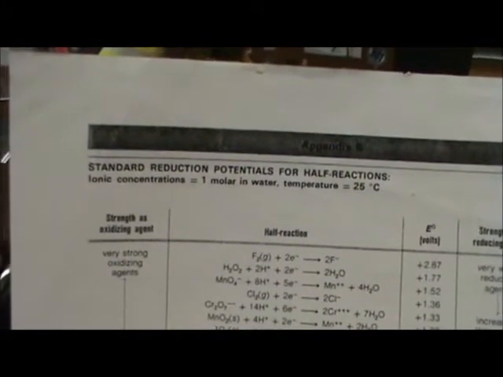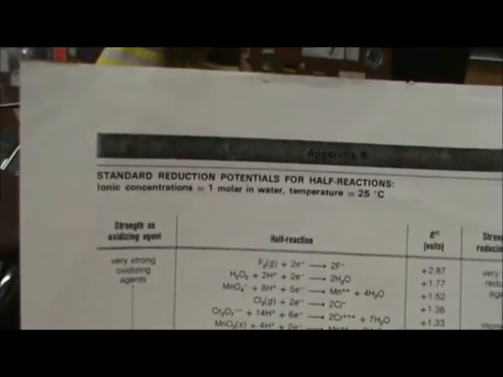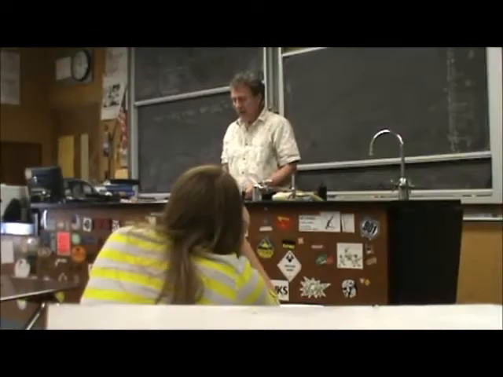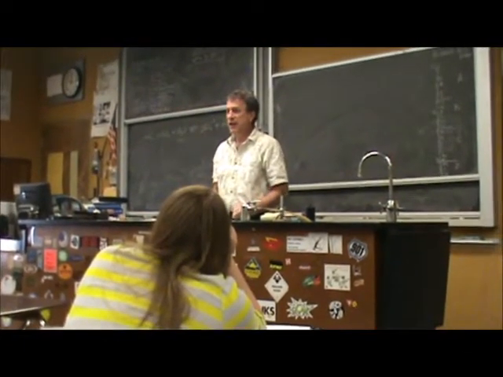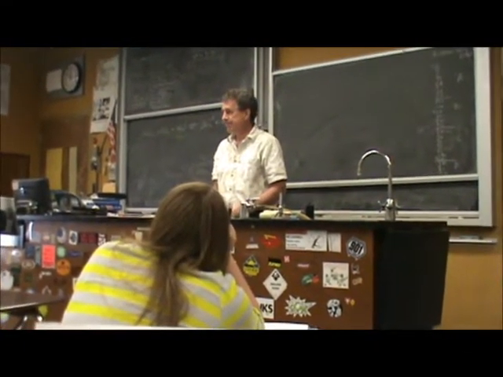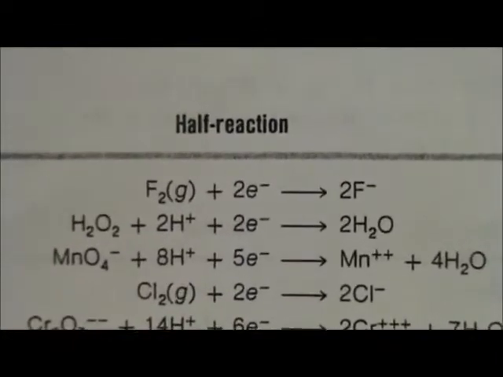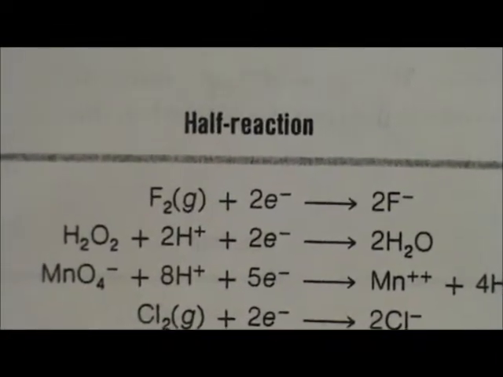Reduction potentials, we'll talk about potentials later on. But these are reduction half reactions. Verify by looking at each of the reactions that reduction is taking place. Everything on the left-hand side of the arrow is gaining electrons to become what's on the right-hand side of the arrow.